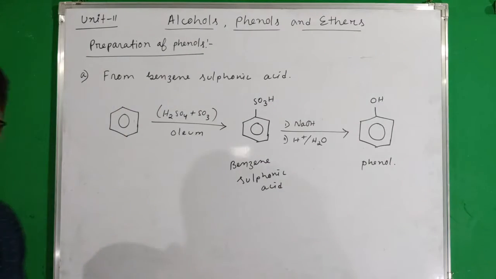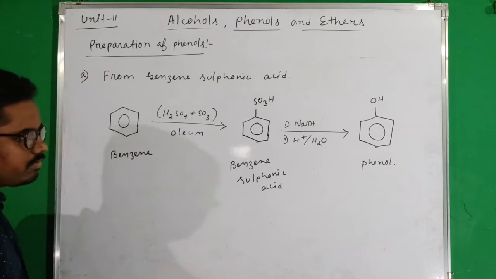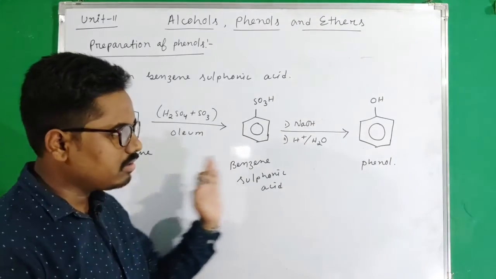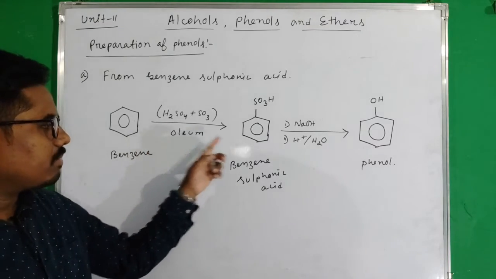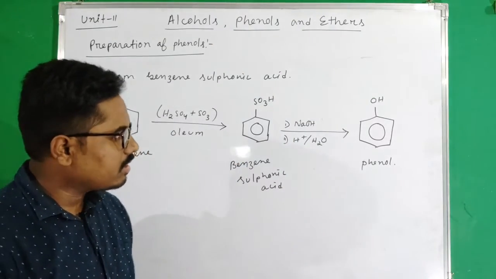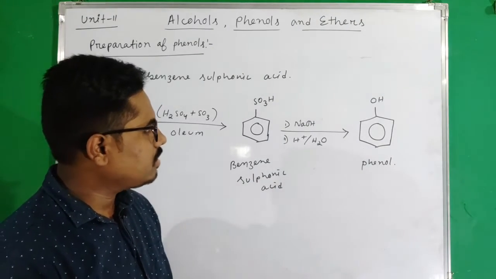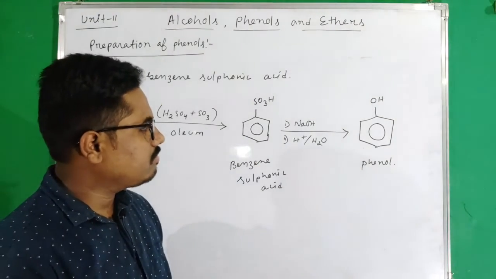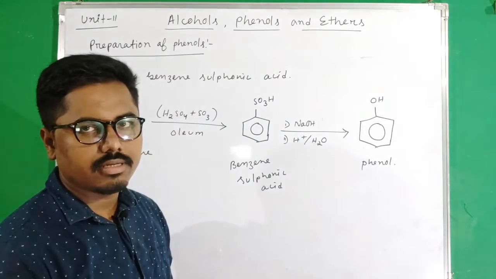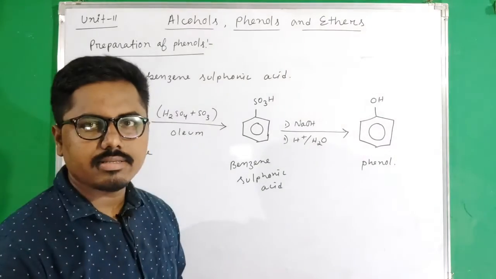In exams, a question is asked: how can you convert benzene into phenol? To convert benzene into phenol, we have to follow these steps. At first, benzene is treated with oleum to form benzene sulfonic acid, and then it is treated with sodium hydroxide, and then acid hydrolysis, or we can add one acid because water is already present in the acid, and after acid hydrolysis the final product is phenol.